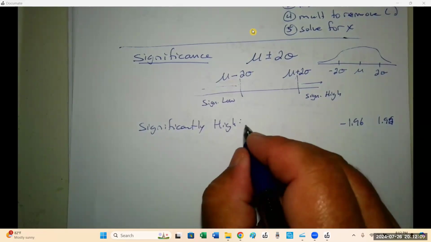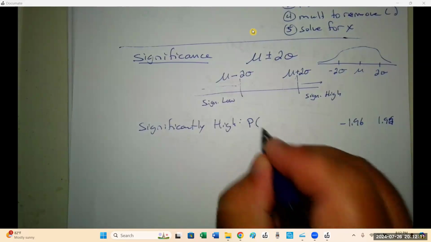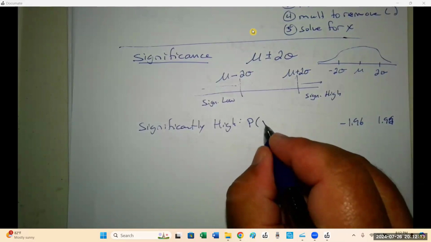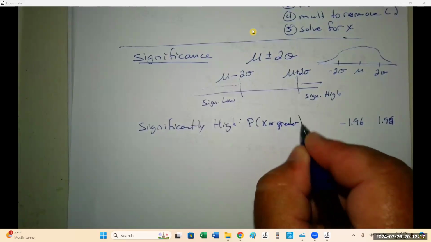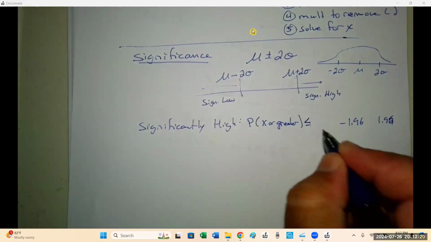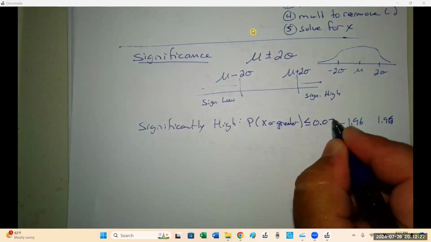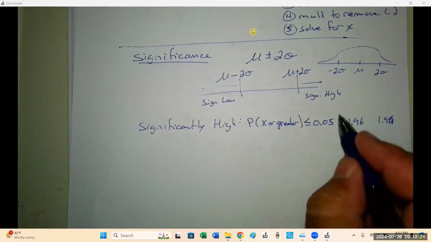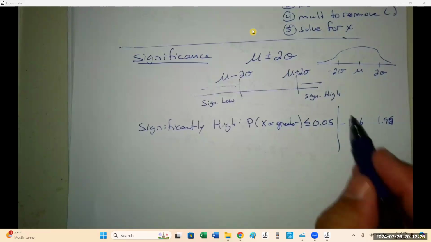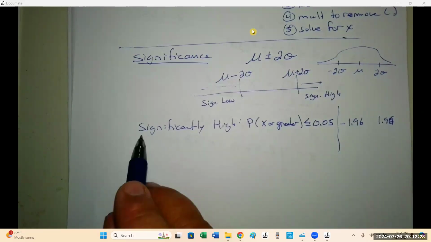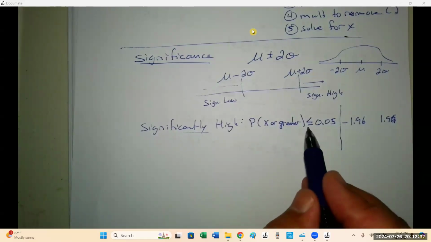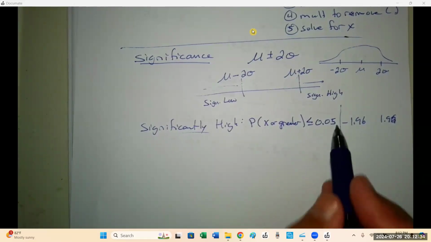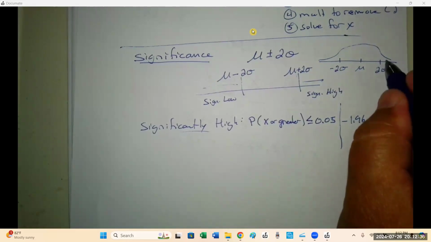But now in this type, we have the probability of x or greater is less than 0.05. If a number is x or greater and it's in the range of 0.05, the outer edge, this part here.